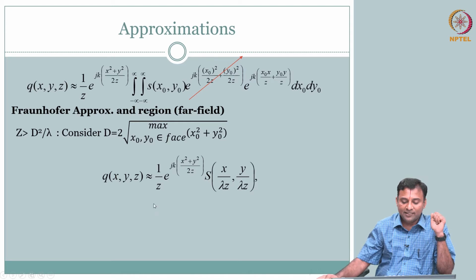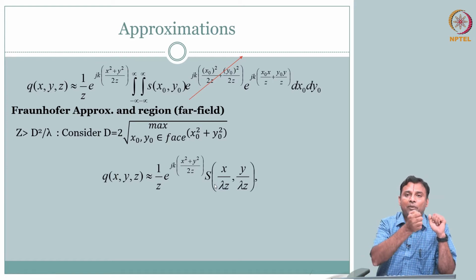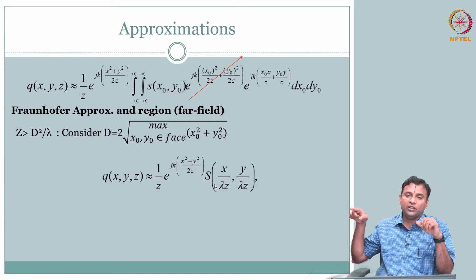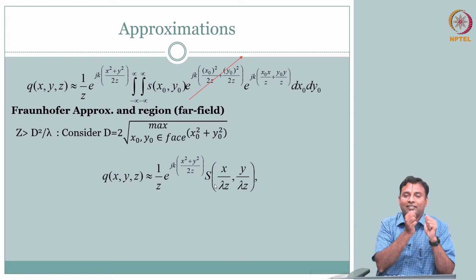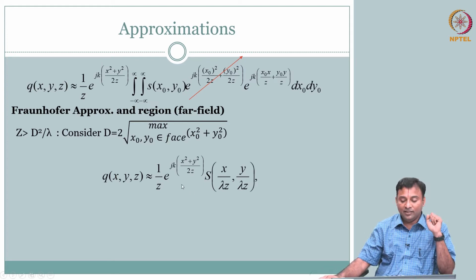What this is saying is that your directivity, what you are seeing in the far field, the pressure distribution in the far field, is going to be related to the Fourier transform of this shape. So if I have a particular shape, I know the distribution that is going to happen in the far field. It is going to follow a Fourier transform of this. That is a very powerful concept.